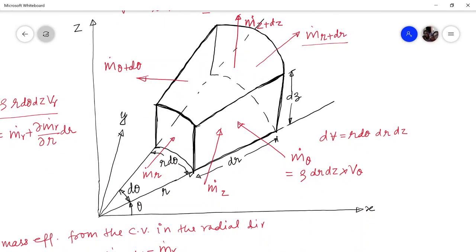Now what is this m dot z? This m dot z will be density times area. Area will be r d theta dr. So this is the area across which it is entering. So this is r d theta dr, and then velocity in the z direction, it is vz. Okay, so rho r dr d theta vz is the mass flux which is entering the control volume in the z direction.